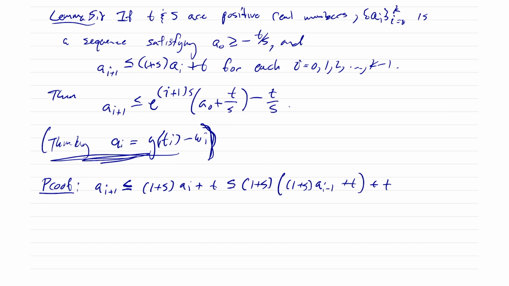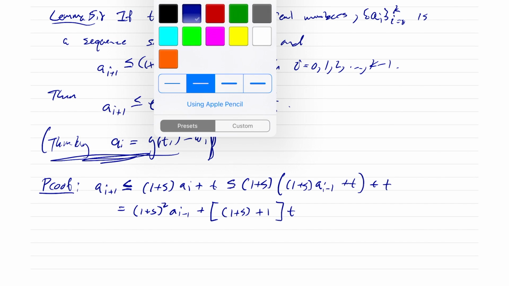So putting these together, this is actually equal to (1 plus s) squared times a_{i-1}. And then we have (1 plus s plus 1) times t. So this applies to here and distributes, and so then etc. Now I can take a_{i-1} and do the same routine, collecting everything, and that is going to give me something else.